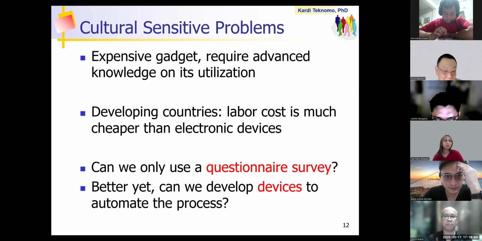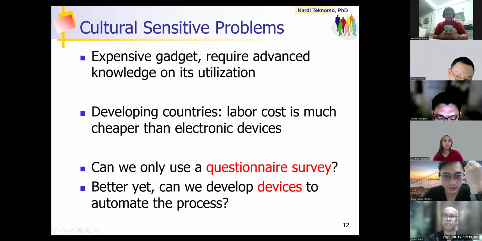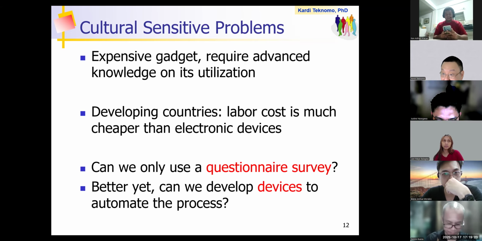But now practically everyone has a mobile phone, isn't it? Because at that time it was still expensive, I was asking, in developing countries like the Philippines and Indonesia, the labor cost is much cheaper than the electronic device.